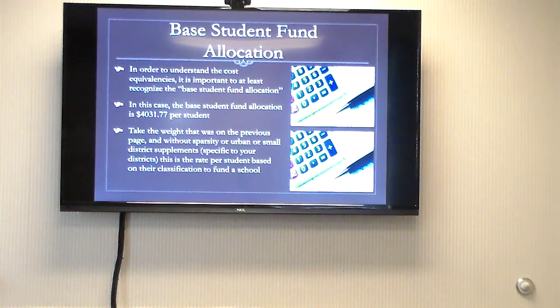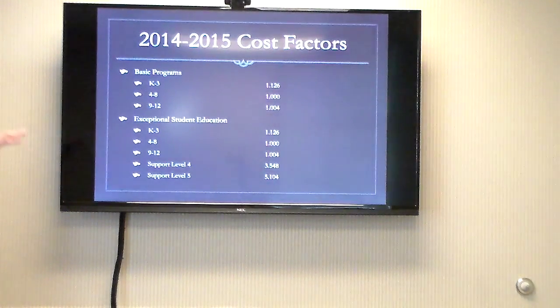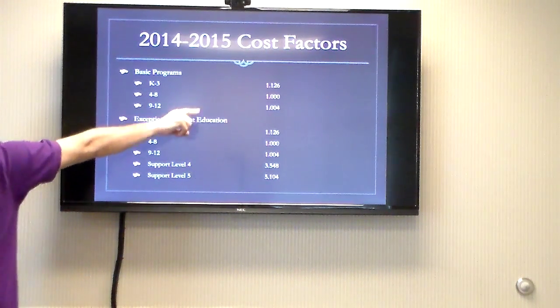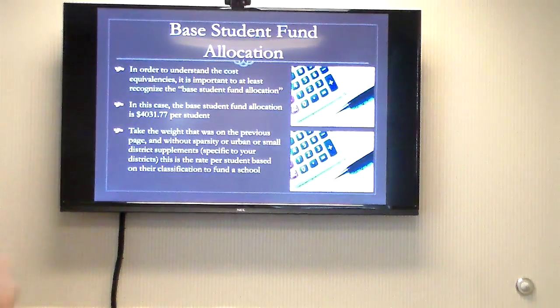So the basic student fund allocation for 2014 in the state was $4,031.77 per student. So one of the things that you do is you take this and then you weight it based off of what was on the previous page. So for your average 4th through 8th grade student, it's $4,031.77.